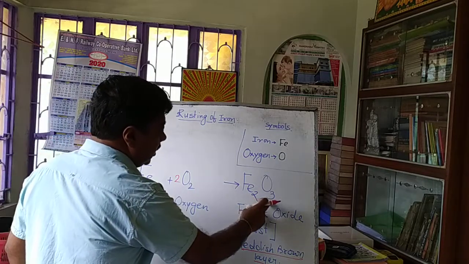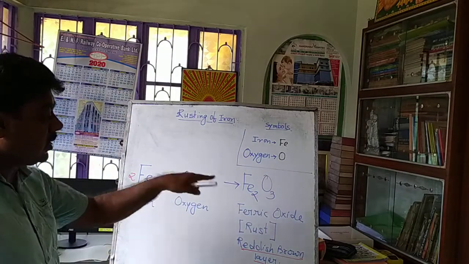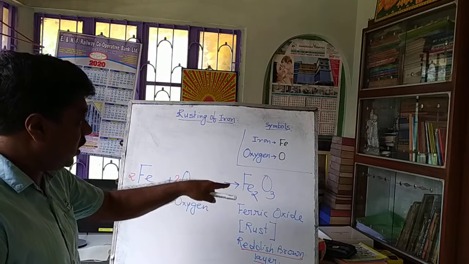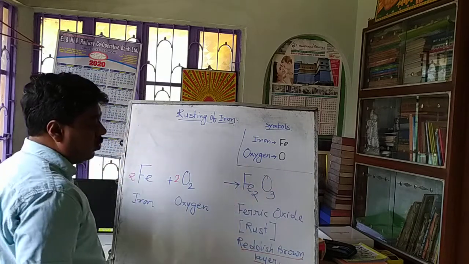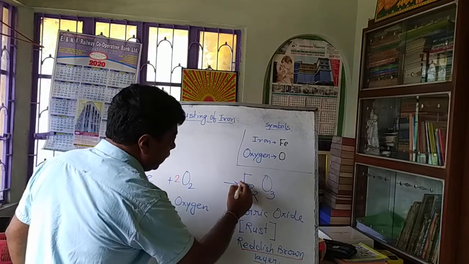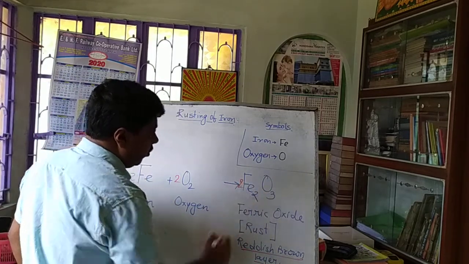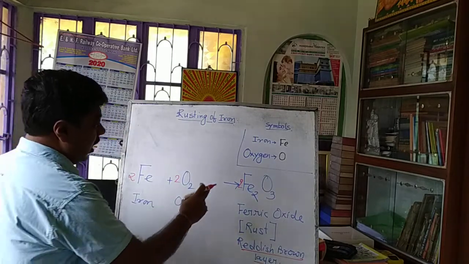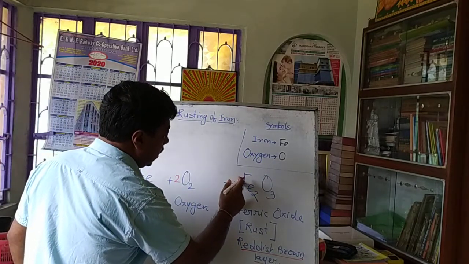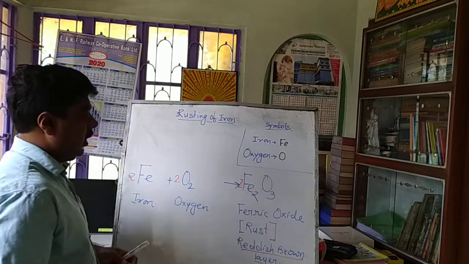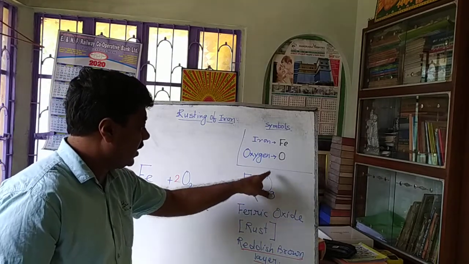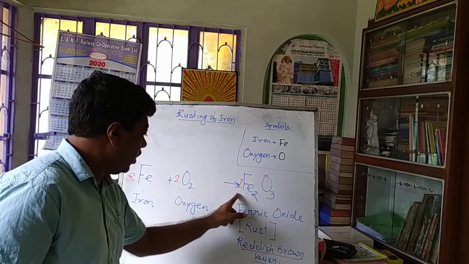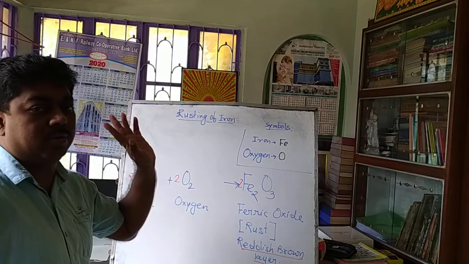But here it is now less, 3. So you have to increase there also. If we increase there, we cannot change this number. So what can we do? We can write one number in front of this molecule. That is, I have written here 2. This 2 means it goes for the whole molecule. 2 3s are 6 atoms of oxygen and 2 2s are 4 atoms of iron.